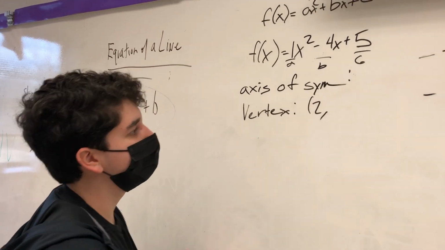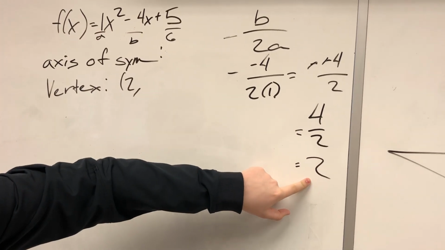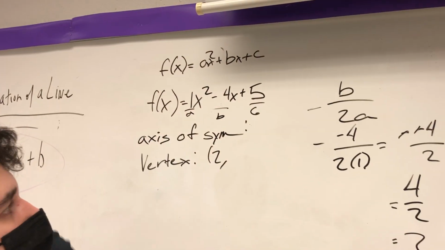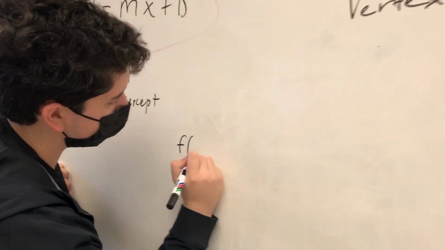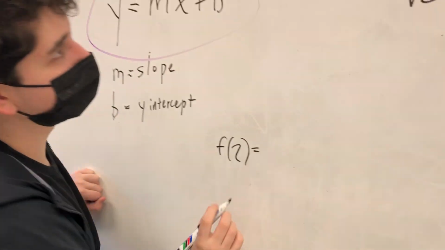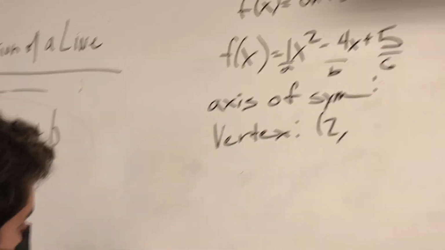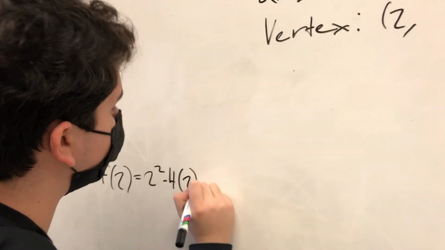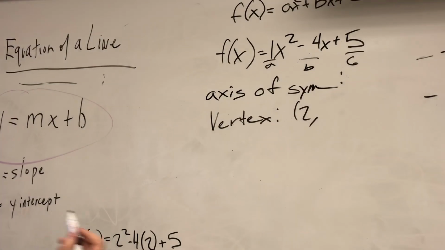Now we have to get the y-coordinate of our vertex. How are we going to do that? Well, since we have the x-coordinate, we're just going to insert it back into the original equation. We have f of 2 is equal to 2 squared minus 4 times 2 plus 5. Then we do the math.